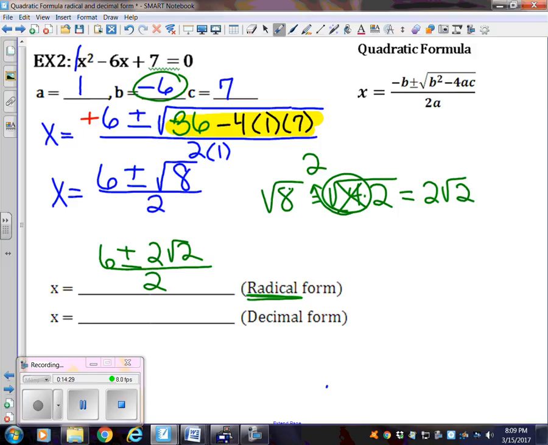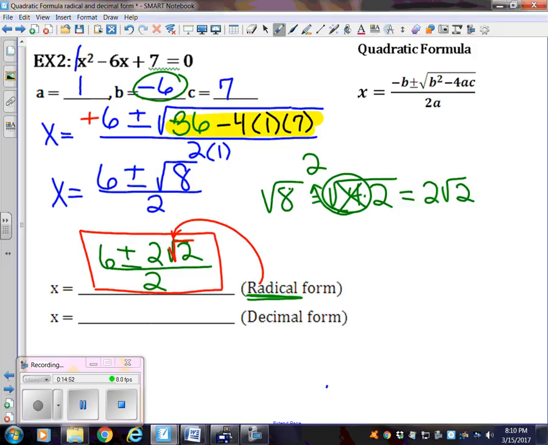That is fine, and that is all you need to do for the radical form. The radical form means I am leaving this square root symbol in my answer. It's very likely that you will find an answer similar to that on the ACT, a final course exam, or my tests.